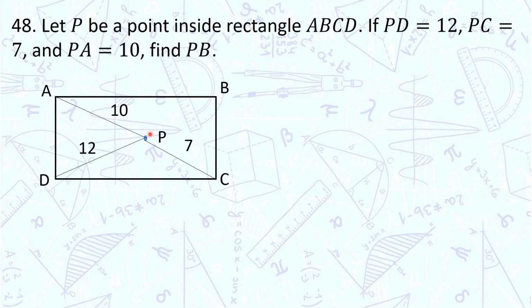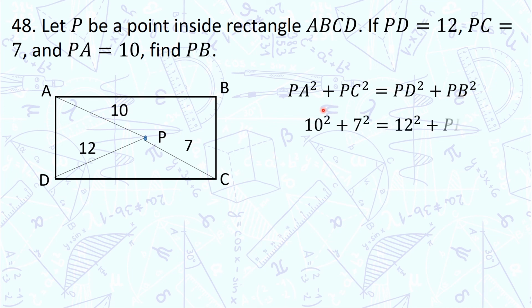We can use the British flag theorem, which states that if a point is interior to a rectangle, the distances from the point to the vertices of the rectangle can be related by the formula PA squared plus PC squared equals PD squared plus PB squared. Then we can simply substitute the values.